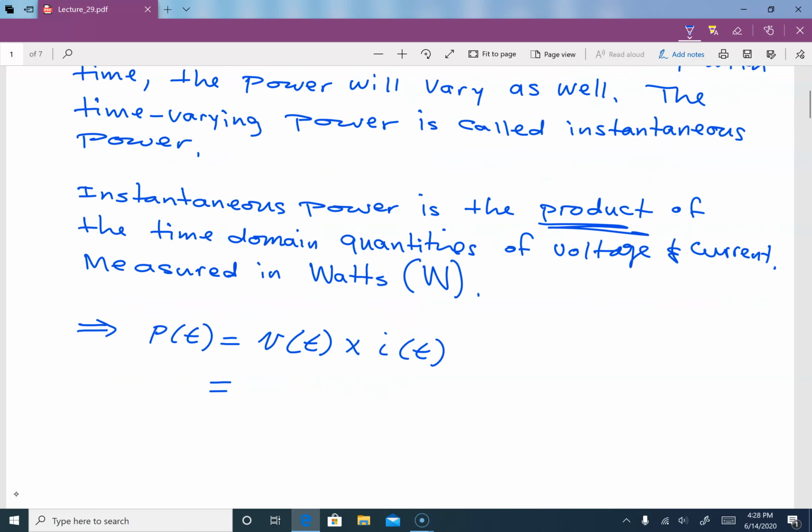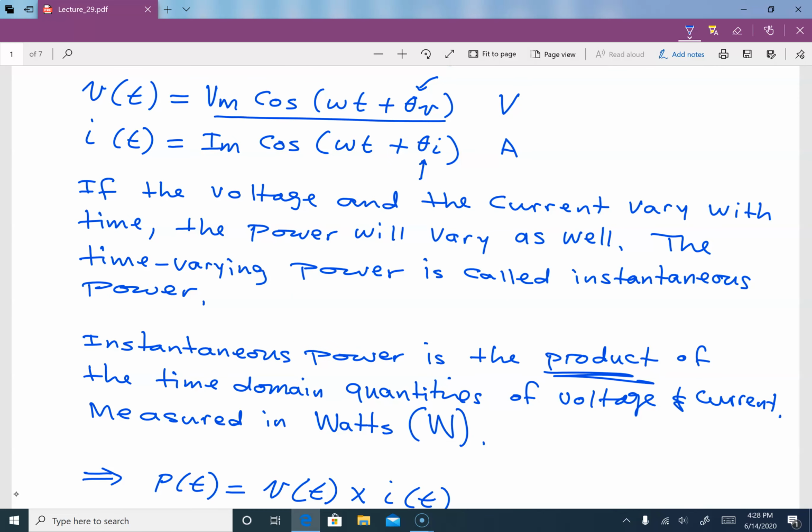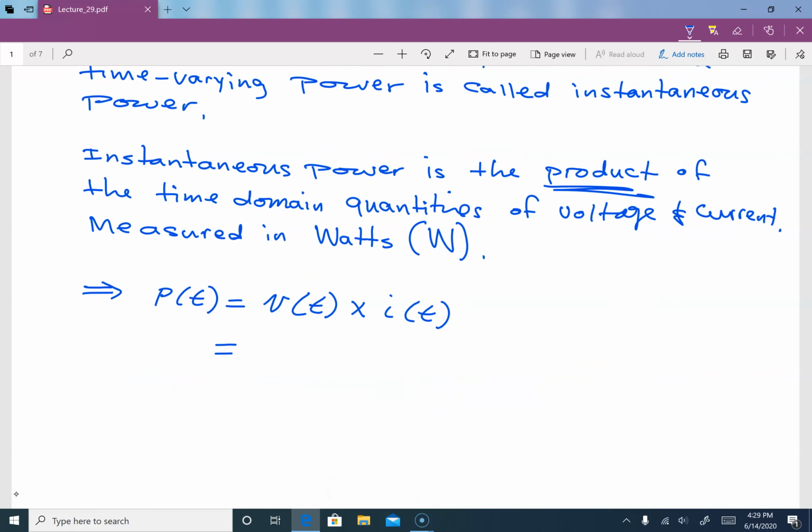We said that v of t is Vm cosine of omega t plus theta v, and i of t is Im cosine of omega t plus theta i. So let us substitute here.